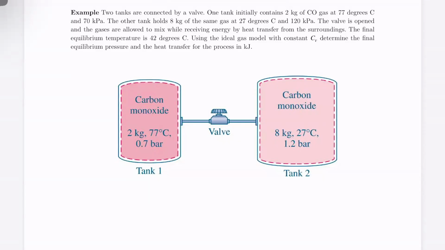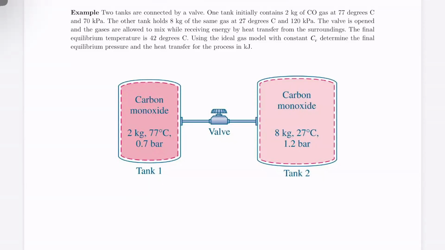The valve is opened and the gases are allowed to mix while receiving energy by heat transfer from the surroundings. The final equilibrium temperature is 42 degrees C. We want to use the ideal gas model with a constant CV and determine the final equilibrium pressure and the heat transfer for the process in kilojoules.